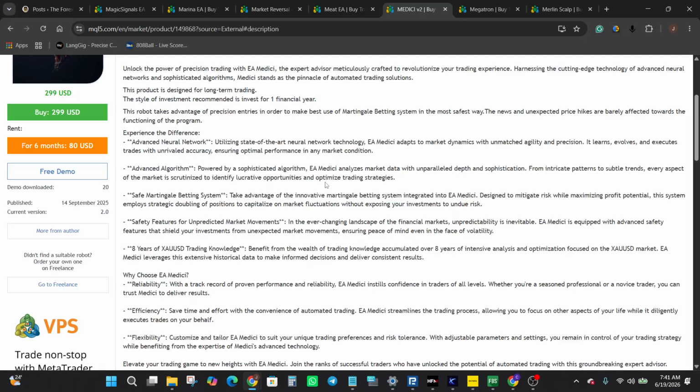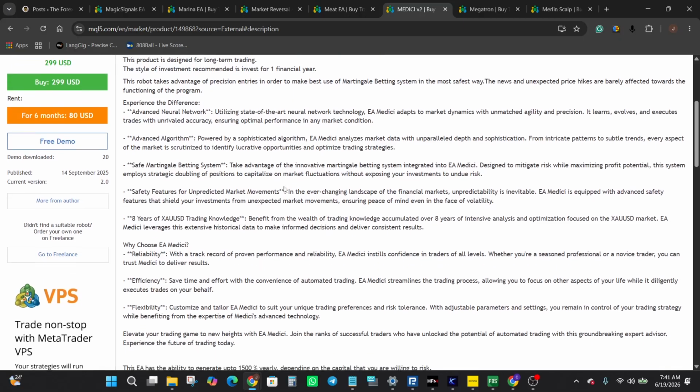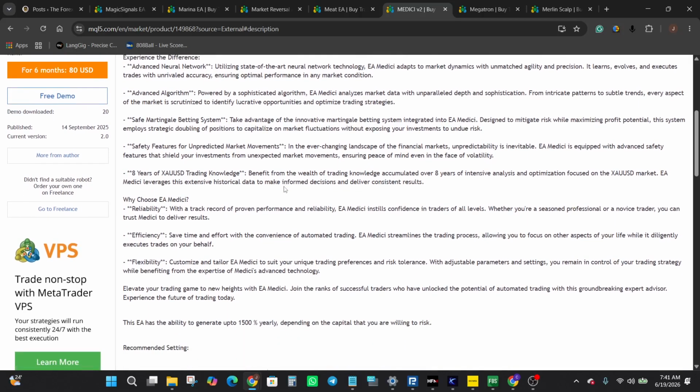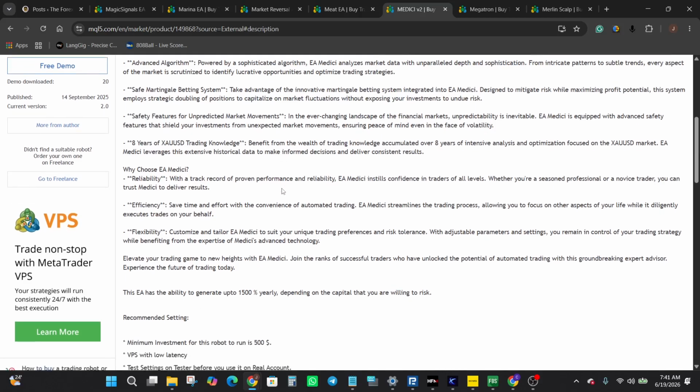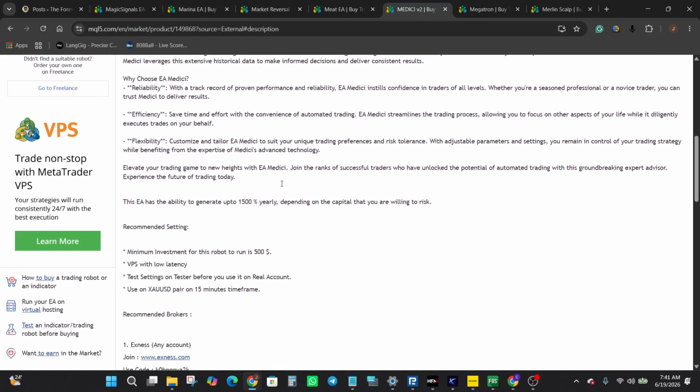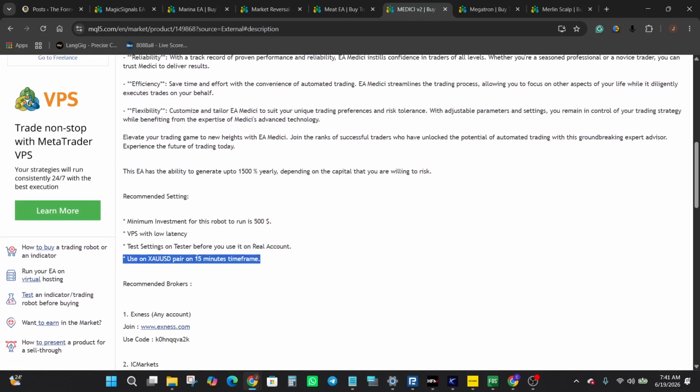The developer further states that the EA incorporates knowledge derived from 8 years of analysis focused on the XAUUSD market. In terms of recommended usage, the suggested trading environment is XAUUSD on the M15 timeframe.